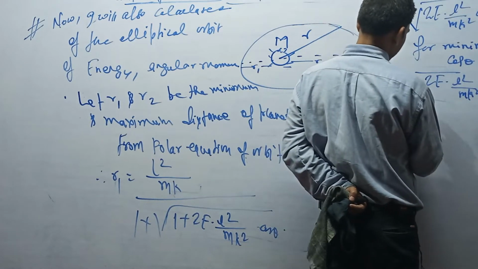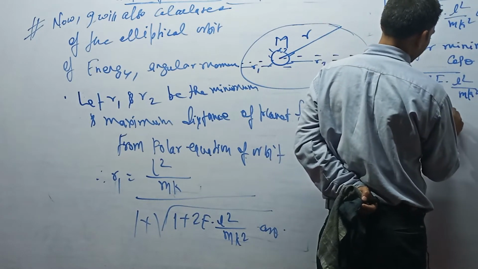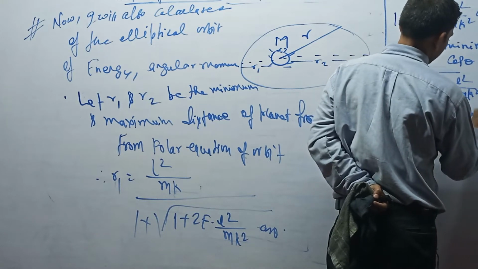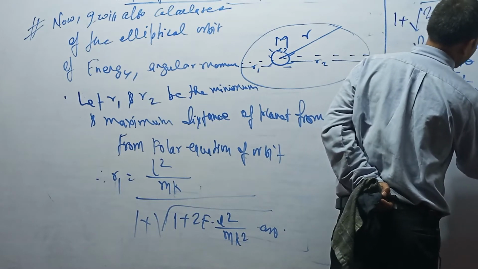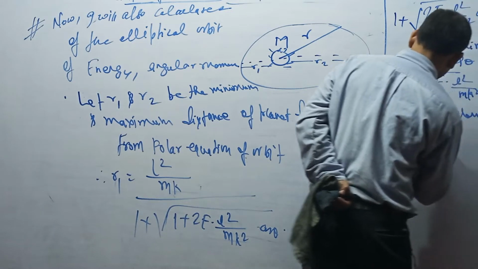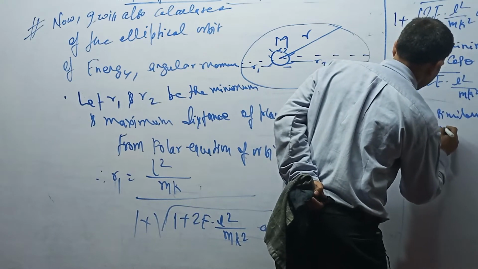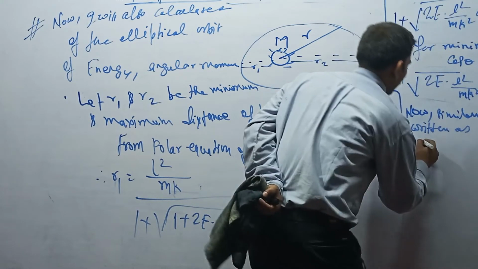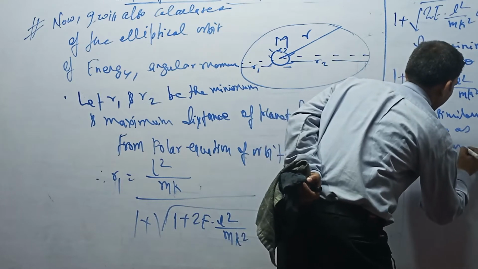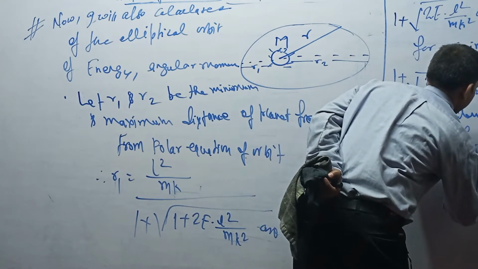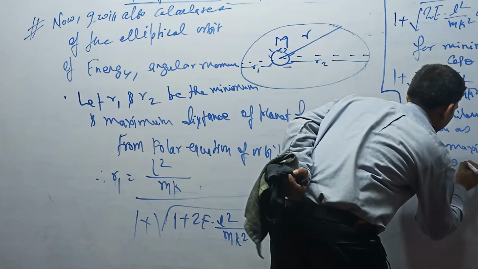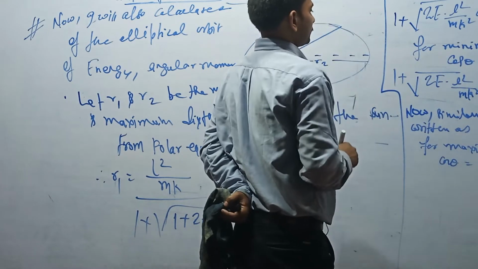Similarly, for the maximum, cos theta equals -1.